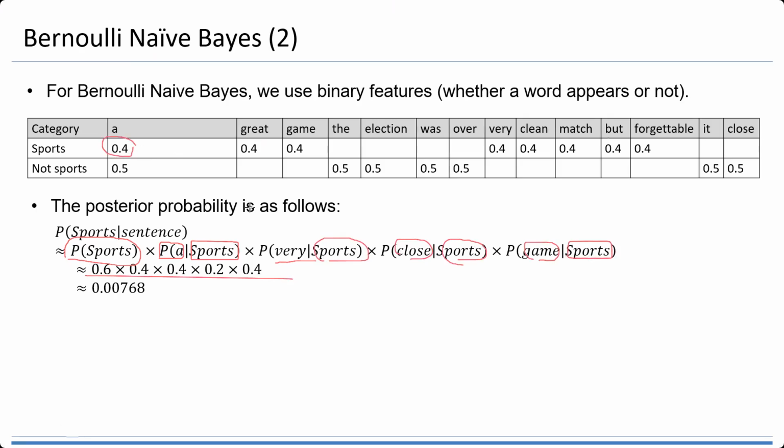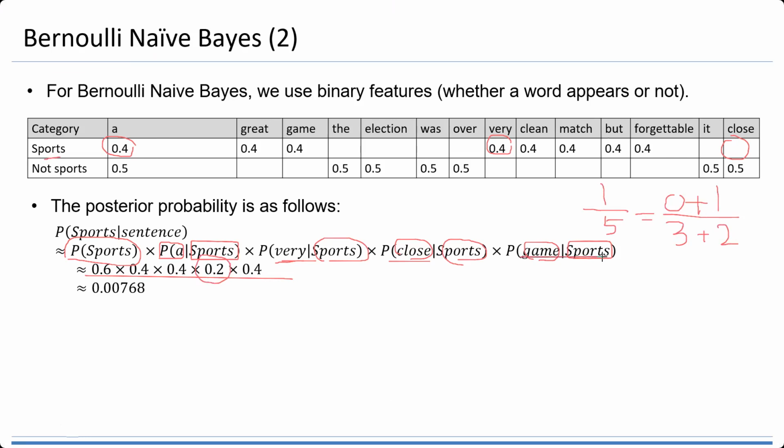It is 0.4, very 0.4, close, okay, because close is 0, it doesn't mean 0 in this case, but you need to calculate 0 plus 1 divided by the total number of documents in sports, which is 3, plus the index to avoid 0. So it is 1/5, so the probability is 0.2.